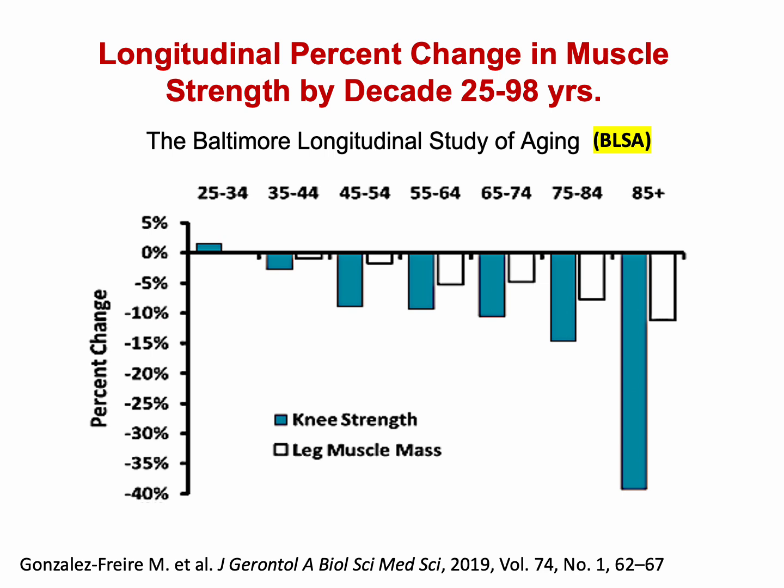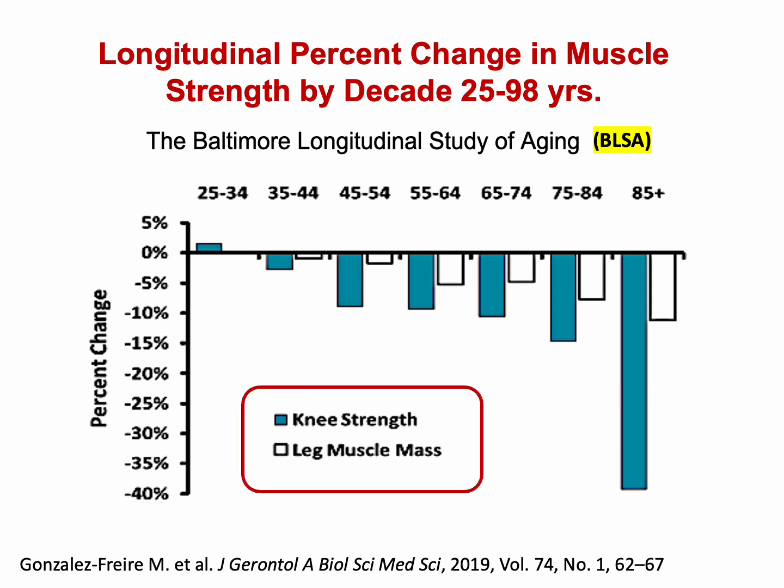This longitudinal design allowed researchers to observe the natural aging process and distinguish between changes due to aging and those due to disease. This data examines sarcopenia, the age-related decline in muscle mass and strength, which significantly contributes to frailty and reduced physical function in older adults.